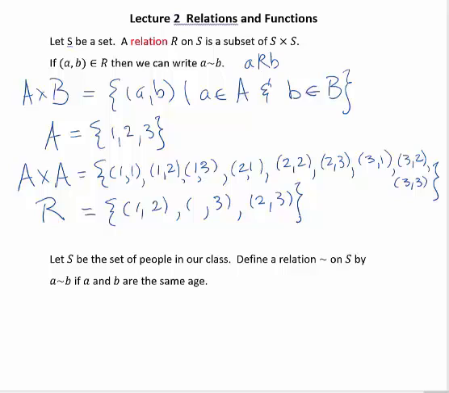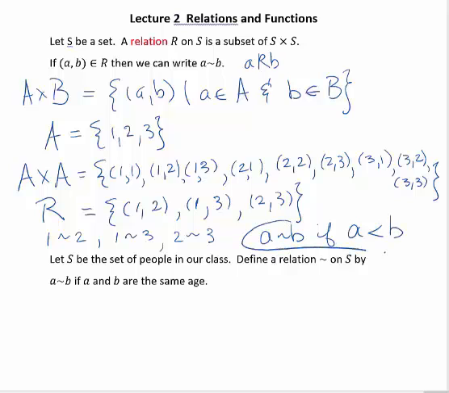Now that subset of A cross A is a relation on A. And we can say that 1 is related to 2, 1 is related to 3, and 2 is related to 3 in this relation. And actually what I was thinking is that A is related to B if A is less than B. So this is a relation defined on the set A equals the set containing 1, 2, and 3. Any subset of the Cartesian product is a relation.